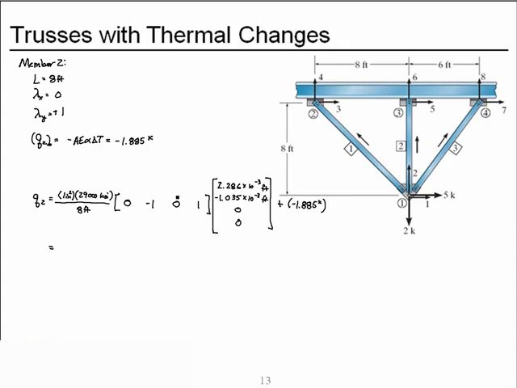So if I evaluate this expression in front, we get 36.25 kips per foot. We have this times this, 0, plus the minus 1 times the displacement, minus 1.035 times 10 to the minus third feet, plus a lambda of 0 times 0, plus lambda times displacement, but displacement is 0.